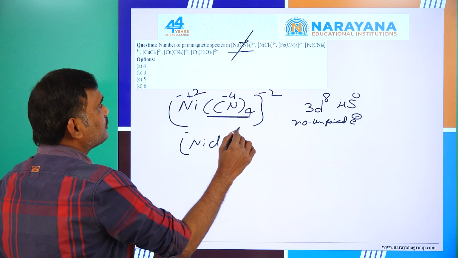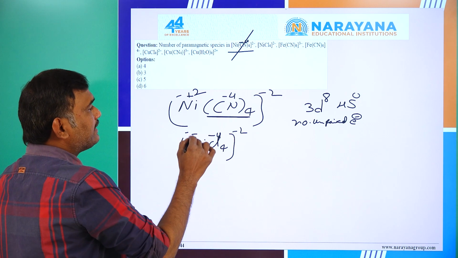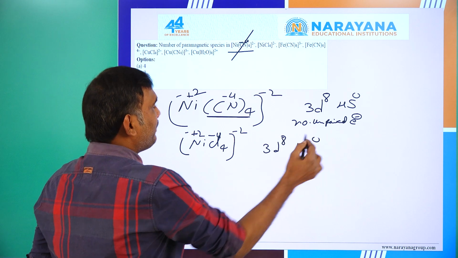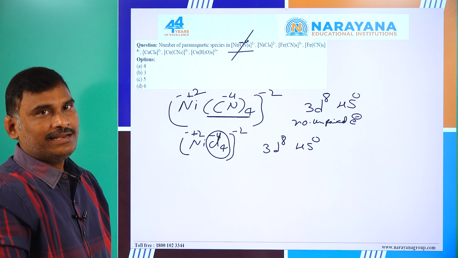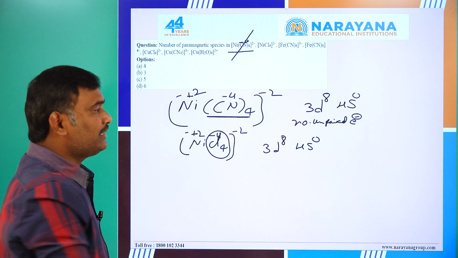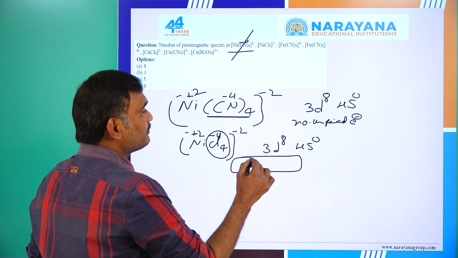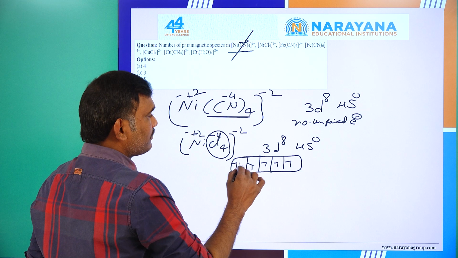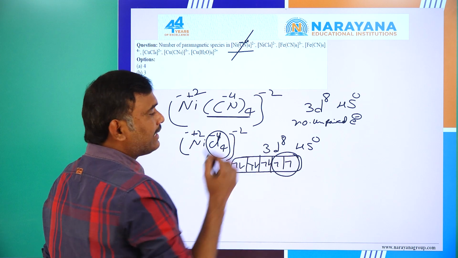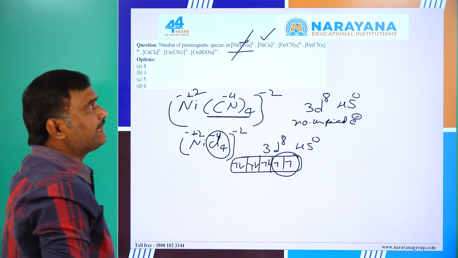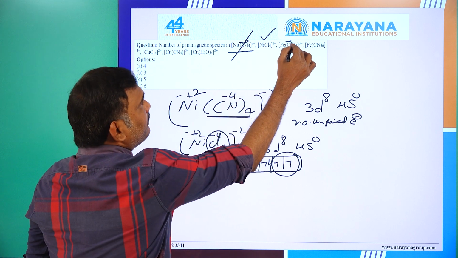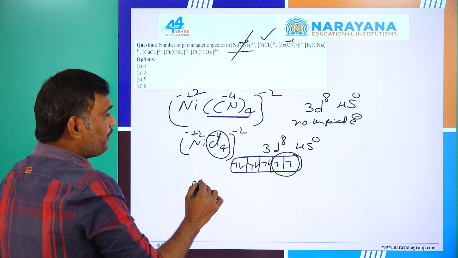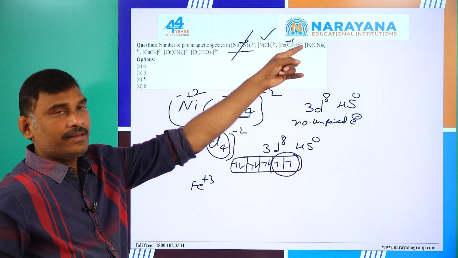NiCl4 with -2. Here it is -4, so nickel is +2. Again 3d8 4s0. But chlorine is a weak field ligand, so electrons are not forcibly paired up. That's why there are 2 unpaired electrons, so it should be paramagnetic. Likewise, here cyanide -6, Fe(CN)6 with -3, then iron becomes +3.